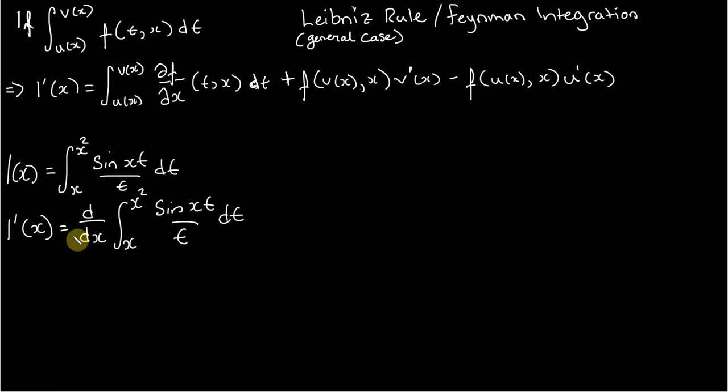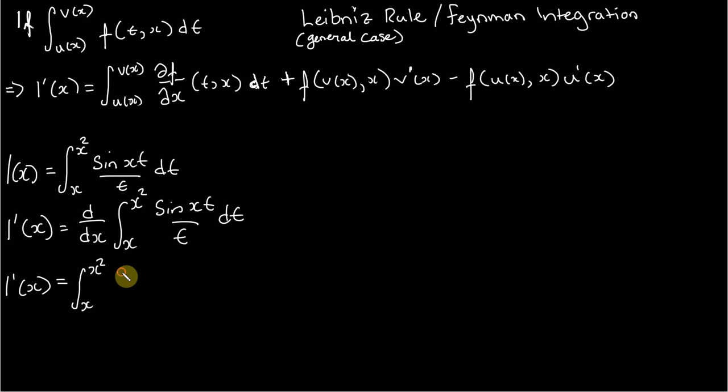And in doing that, we're going to get our general case of the Leibniz rule. So by the general case of the Leibniz rule, I'(x) is going to equal, we push this in, our integral with the same limits of course.